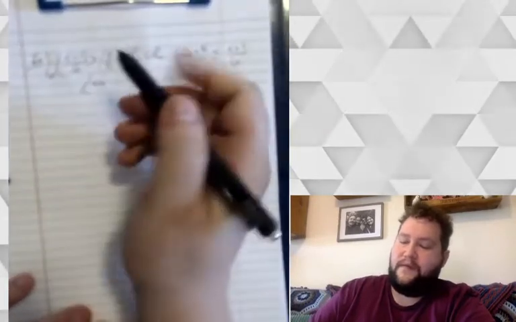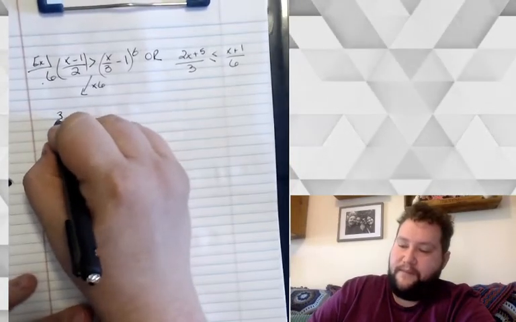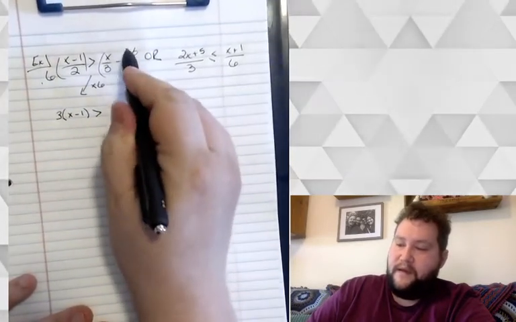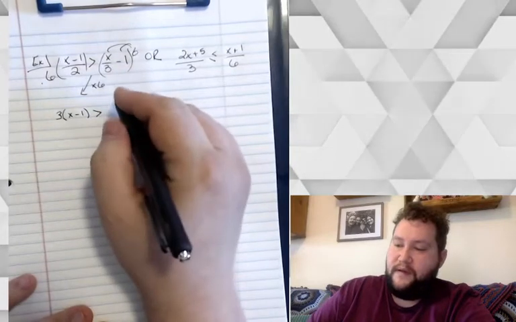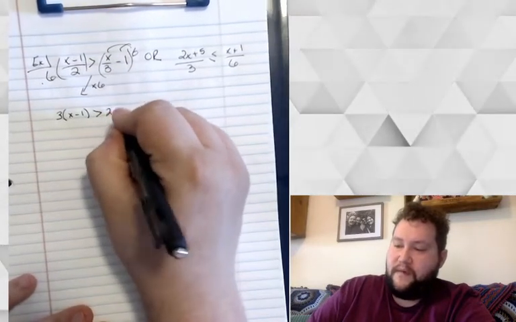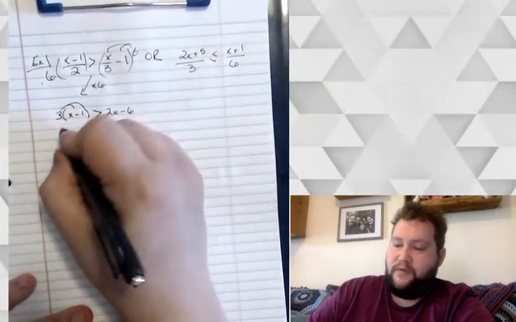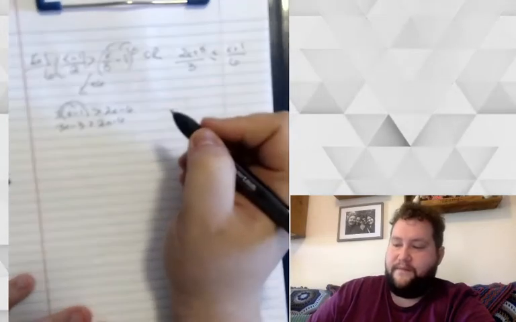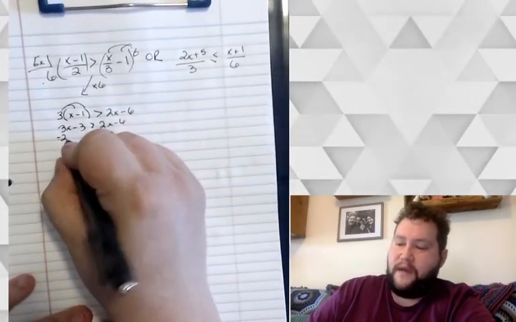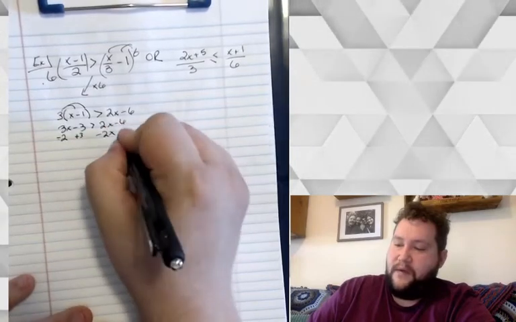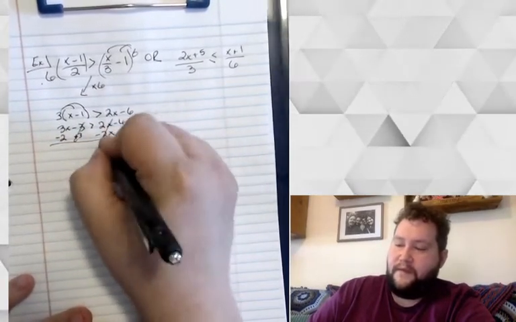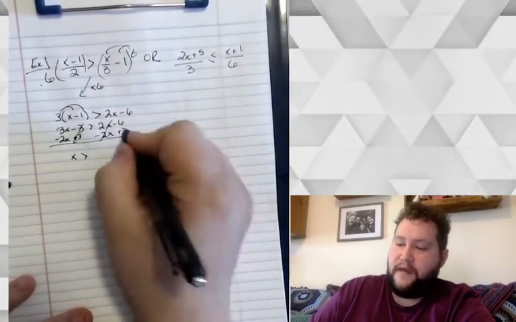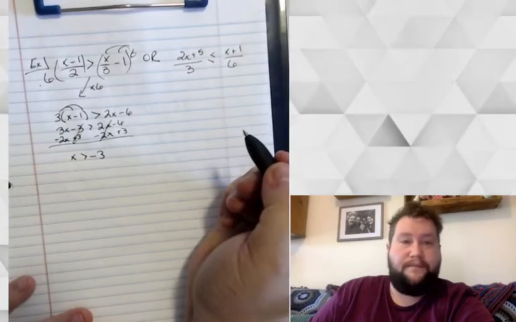Dividing by 2 times 6 is the same as multiplying by 3. 3x minus 1 is greater than, distribute, 6 divided by 3 is 2, 2x minus 6. Distribute, 3x minus 3 greater than 2x minus 6. Subtract that 2x from both sides and add a 3 to both sides. Those cancel, those cancel. 3x minus 2x is just 1x greater than negative 3.